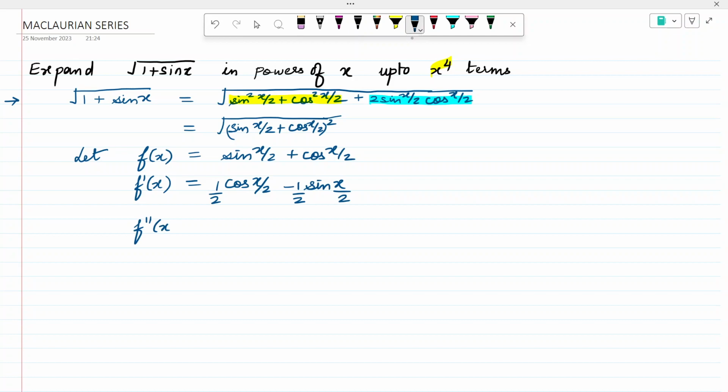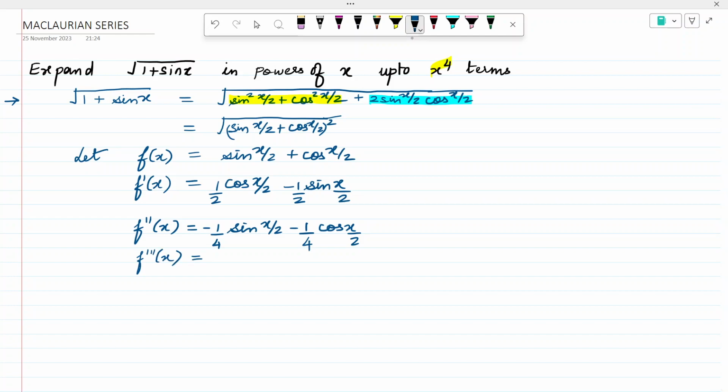Let's calculate the double derivative. Cos is negative sine. And I already have a 1 by 2 and 1 by 2 will again come. So 1 by 4. This negative 1 by 2 as it is, sine has derivative cos x by 2. Again multiplied by 1 by 2 will give me a 1 by 4 here. Triple dash.